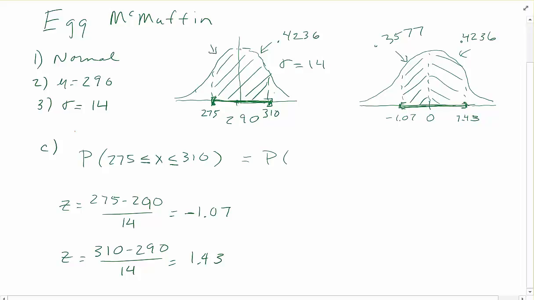I just translated to standard normal because I want that one table to work for every problem, translating the problem into standard normal, using the table, and then going back. So that's taking calories, the x, and translating it into the number of standard deviation units.